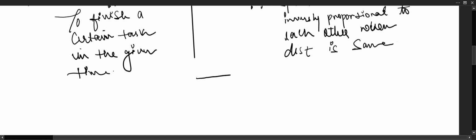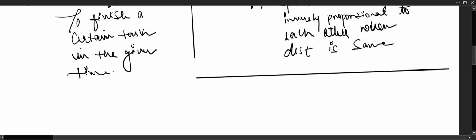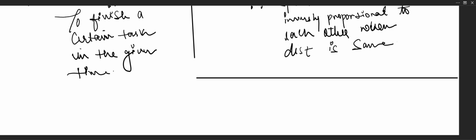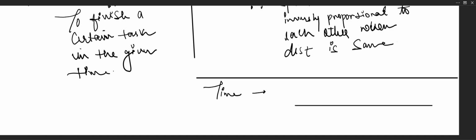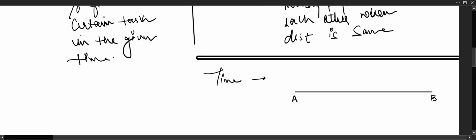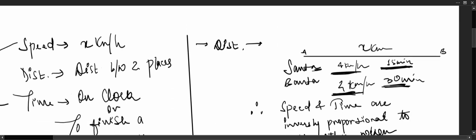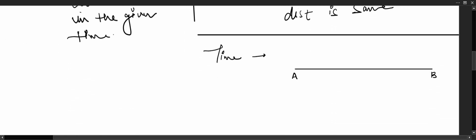One more example. Let's say we put time as our constant. Let's understand with the help of a diagram. Again, there are two places, A and B, and again Santa and Banta.